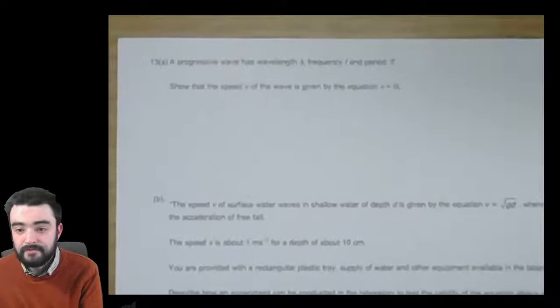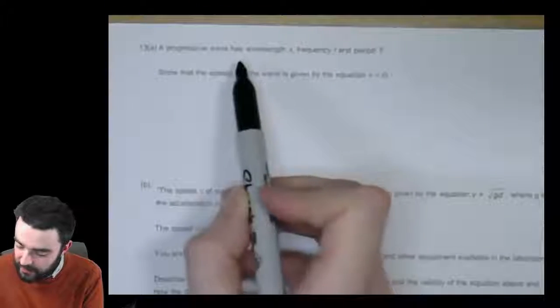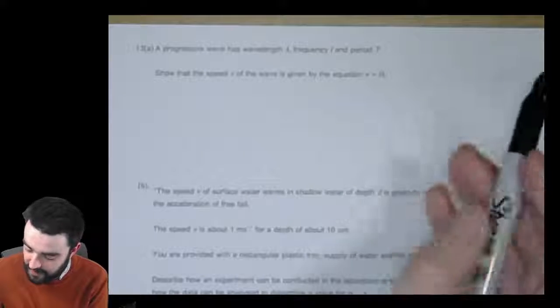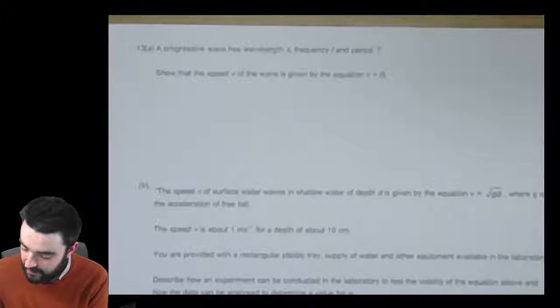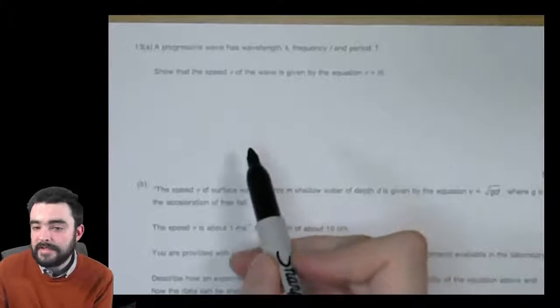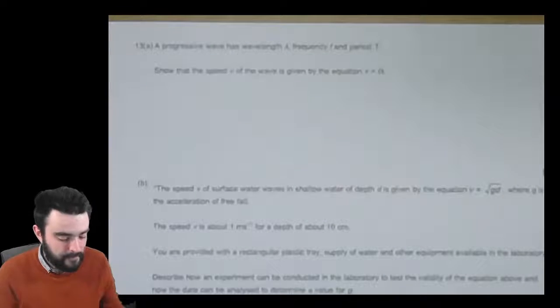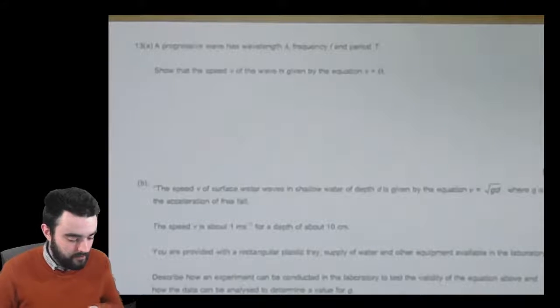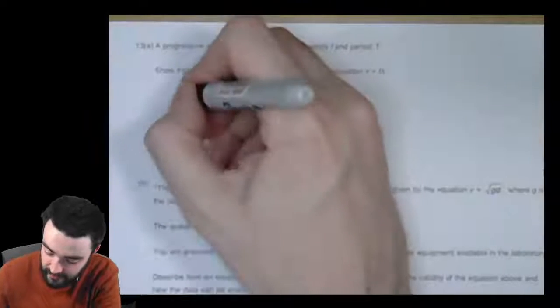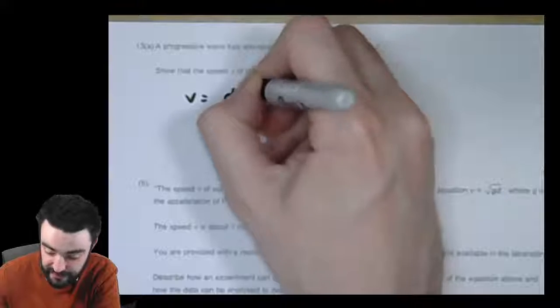So, a progressive wave has a wavelength lambda, frequency f, and time period T. Show that the speed v is given by that. We've already done this question. But really, you just need to say that v is equal to the distance divided by the time. We've done this again, but I'll say it again.